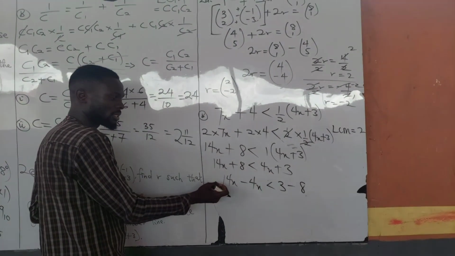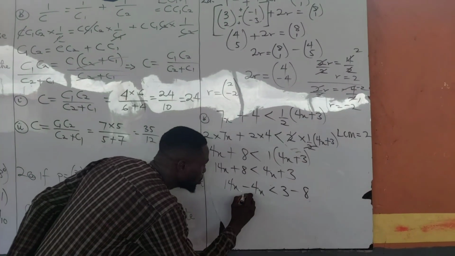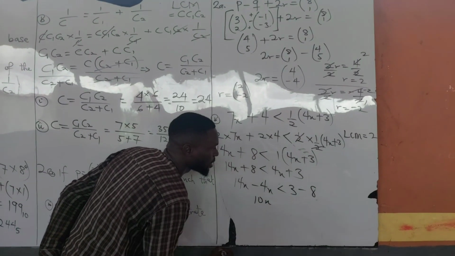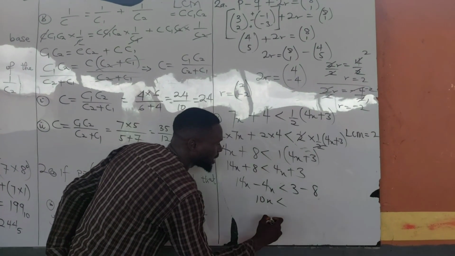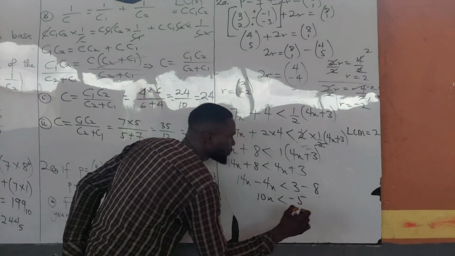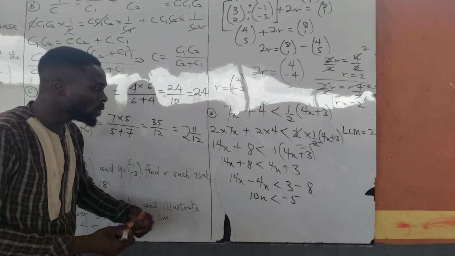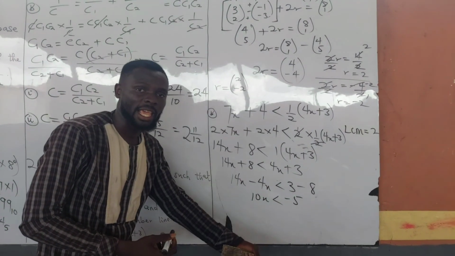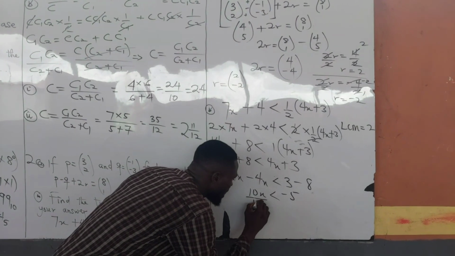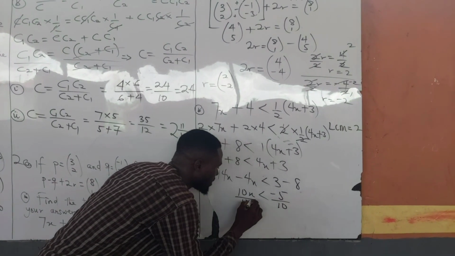Now subtract. Subtracting will give you 10x is less than minus 5. We want x, not 10x. So divide by 10, divide by 10.